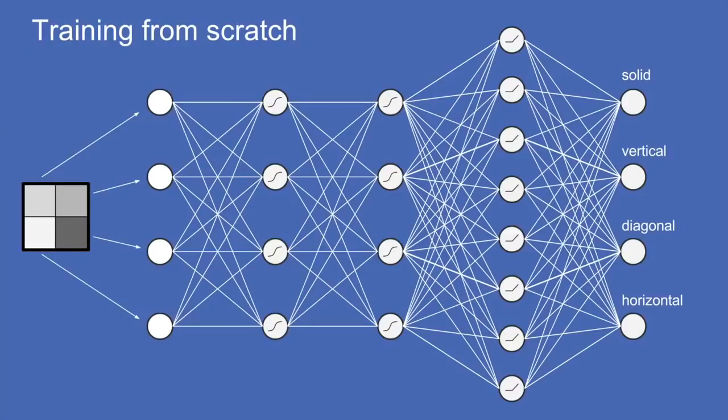Then we run it through, calculate the error, and using backpropagation, go through and adjust all of those weights a tiny bit in the right direction. And then we do that again with another input, and again with another input, if we can get away with it, many thousands or even millions of times. And eventually, all of those weights will gravitate, they'll roll down that many-dimensional valley to a nice low spot in the bottom where it performs really well and does pretty close to truth on most of the images.